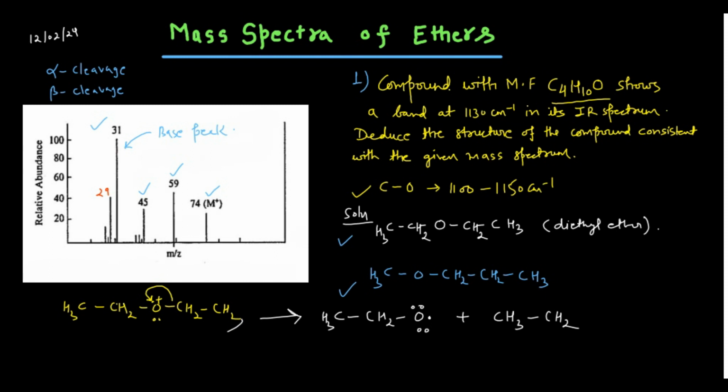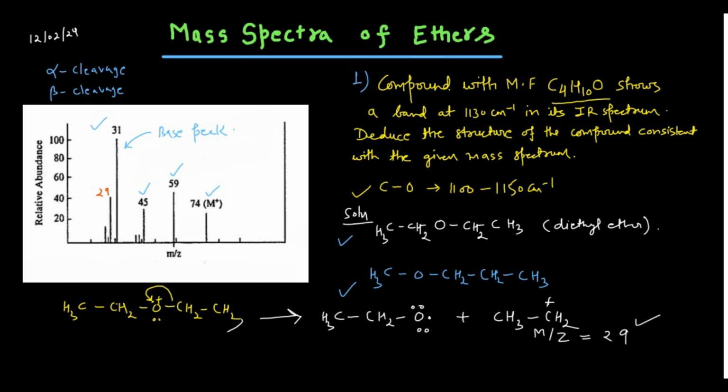Since this is the heterolytic cleavage, both the shared pair of electrons, this carbon has lost now. So obviously this will have the positive charge on it. So if you put the positive here, this value is actually m/z 29. So this is how you can explain the mass spectrum of ethers.